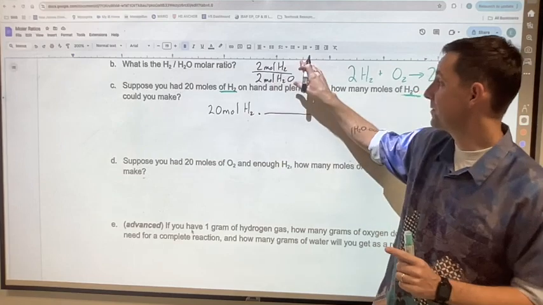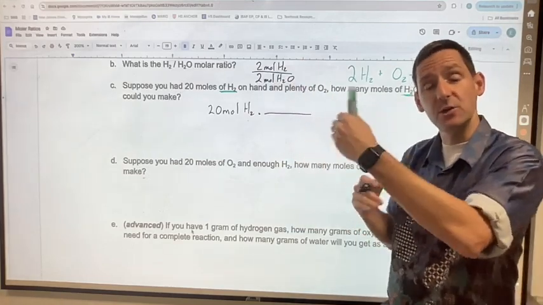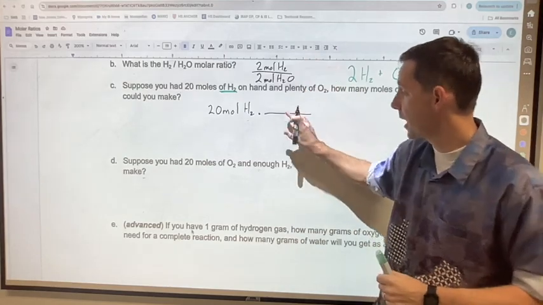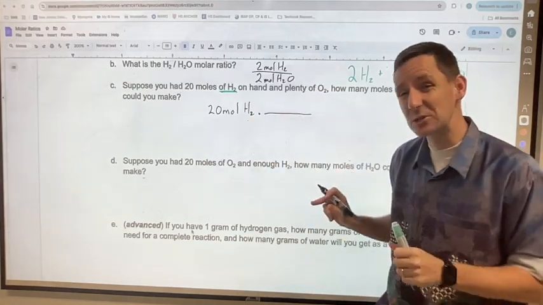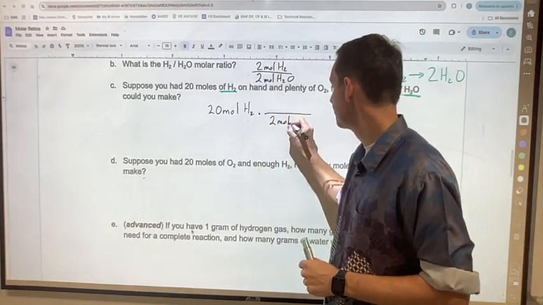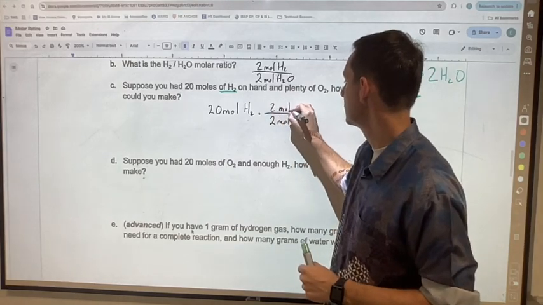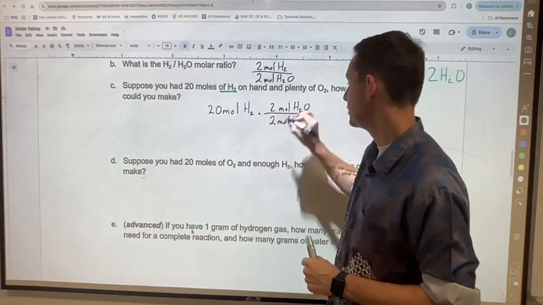So when I write this, I'm not going to put H2 over H2O, I'm going to do it the other way. When I put H2 on the bottom, the H2s will be able to cancel out. So I'm going to write this as 2 moles of H2 and 2 moles of H2O.